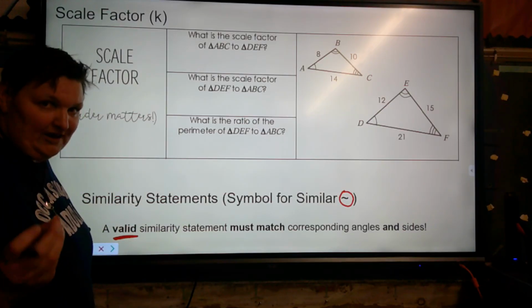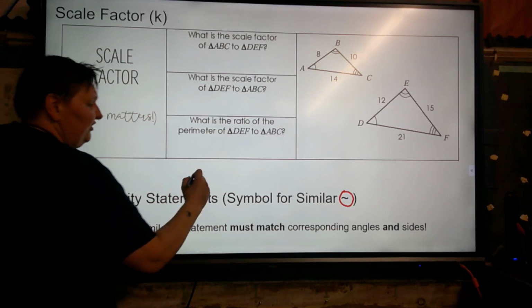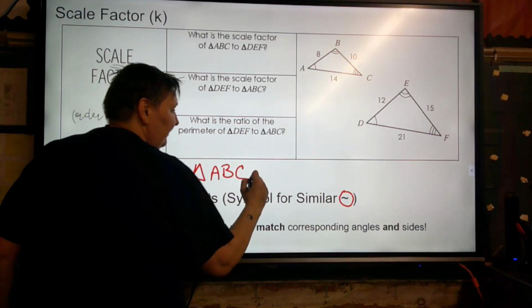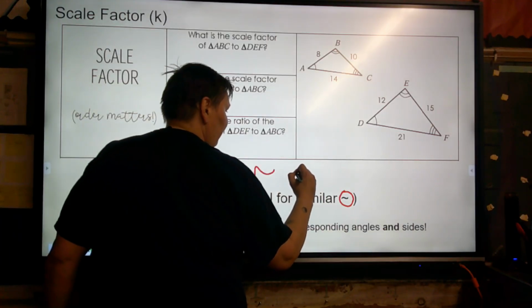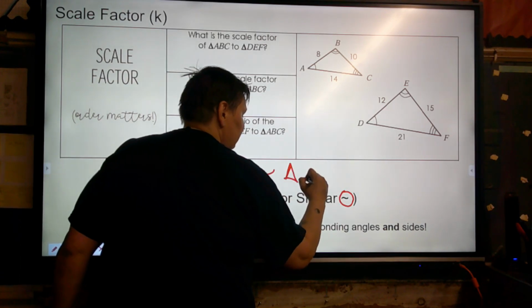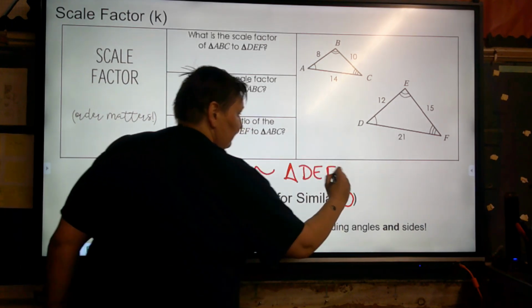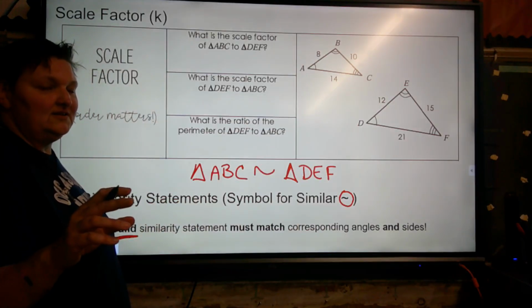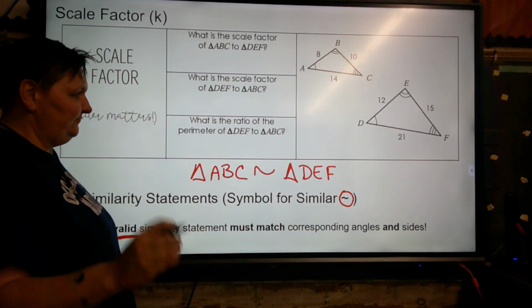But if it does match that criteria, then you can say triangle ABC is similar to triangle DEF. Not equal, not congruent, similar.